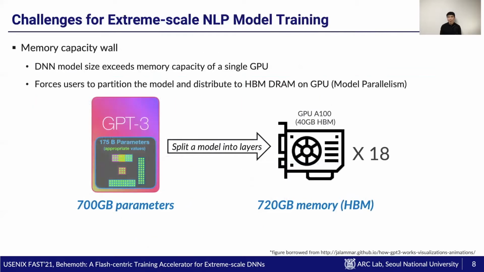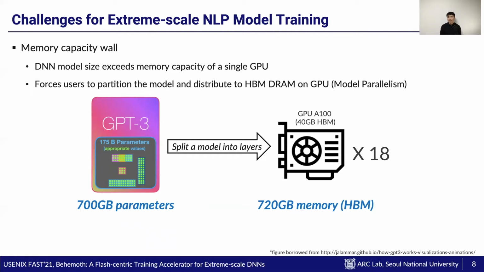In this work, we aim to break the memory capacity wall in extreme scale DNN model training. This problem is caused by the huge size of DNN models. Therefore, model parallel training, which distributes a single model through multiple GPUs, has become the de facto standard.